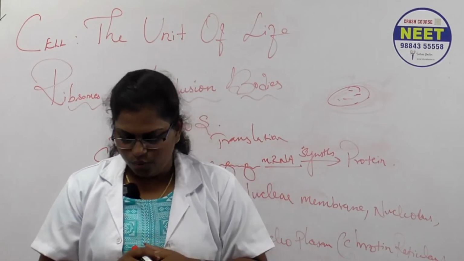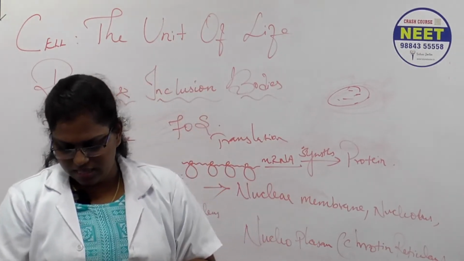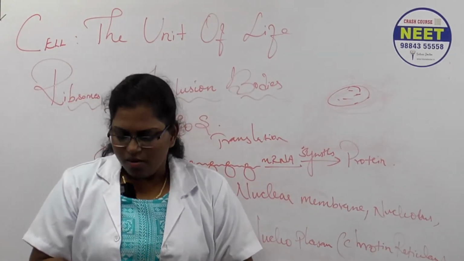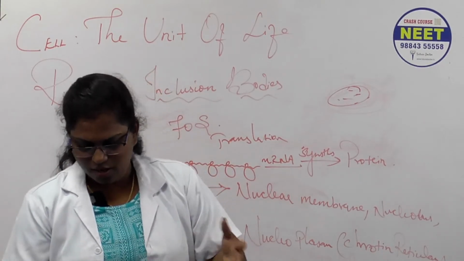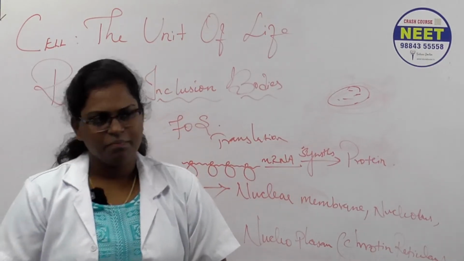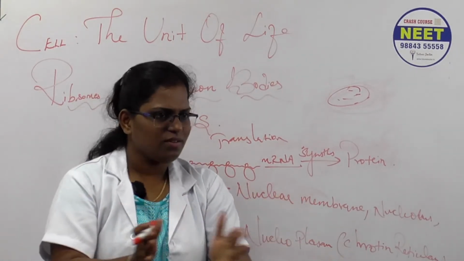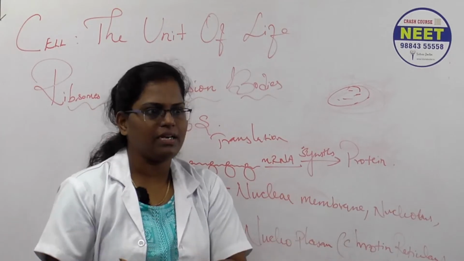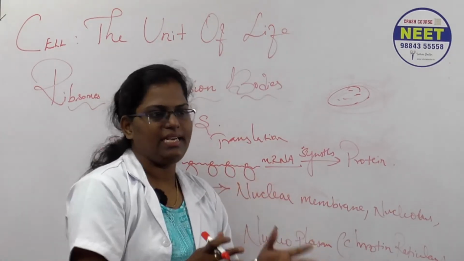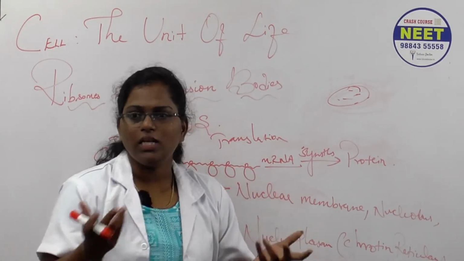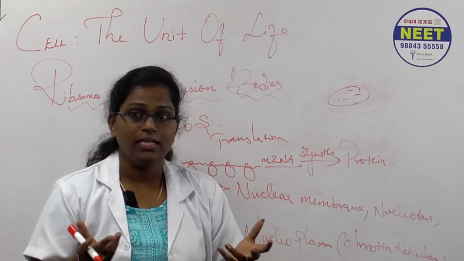This is the eukaryotes. All eukaryotic cells are not identical. Why are all eukaryotic cells not identical? Because plants and animals are separate and different. It is not like identical twins.